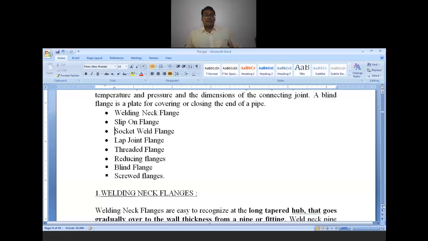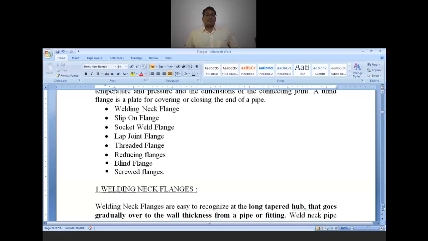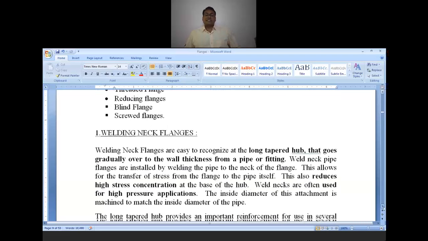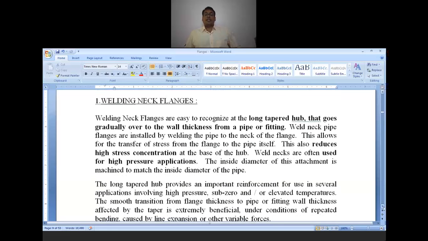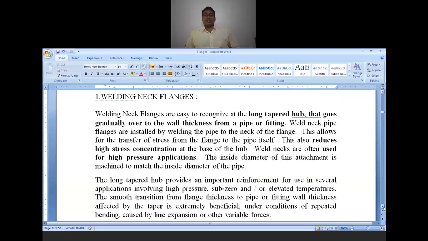There are welded neck flanges, slip-on flange, socket welded flange, lap joint flange, threaded flange, reducing flanges, blind flanges and screwed flanges. These are the different types of flanges in the case of a standard. We already talked about standard and non-standard flanges. These are the classes of a standard flange. So what will the welded neck flange be?